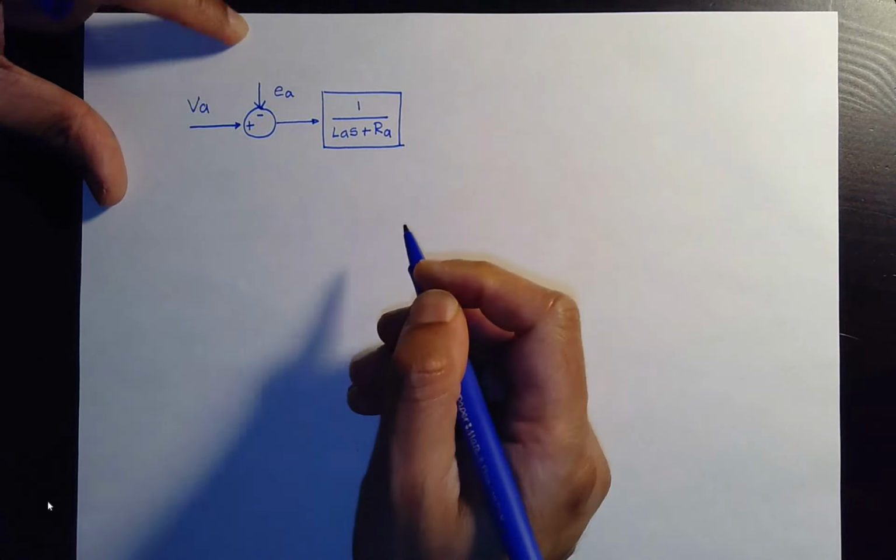In this case, the load and the back EMF are going to serve as disturbances for us as we study this motor dynamics, and I'll show you how. So JS plus B gives us speed. That's our omega m.